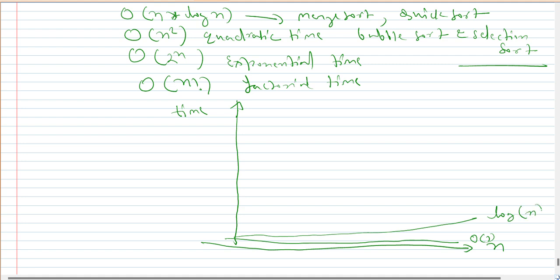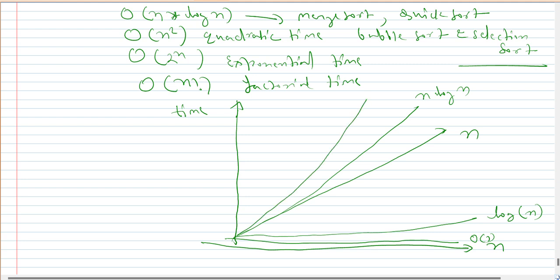Then our linear time will be at a 45-degree angle. This is our n log n, then n square, then exponential time, factorial time, like this.